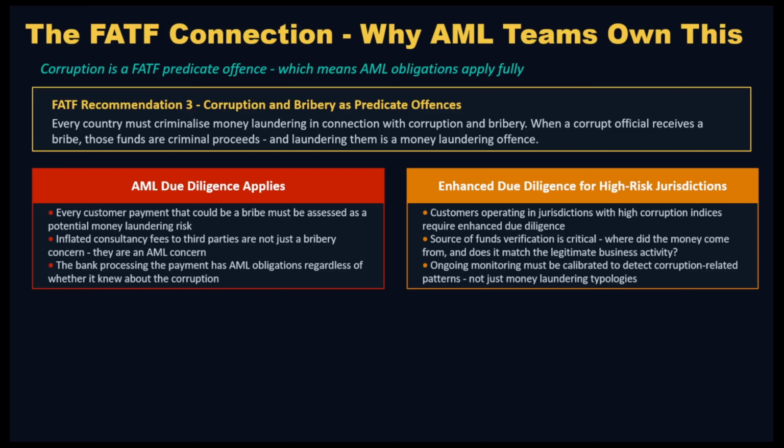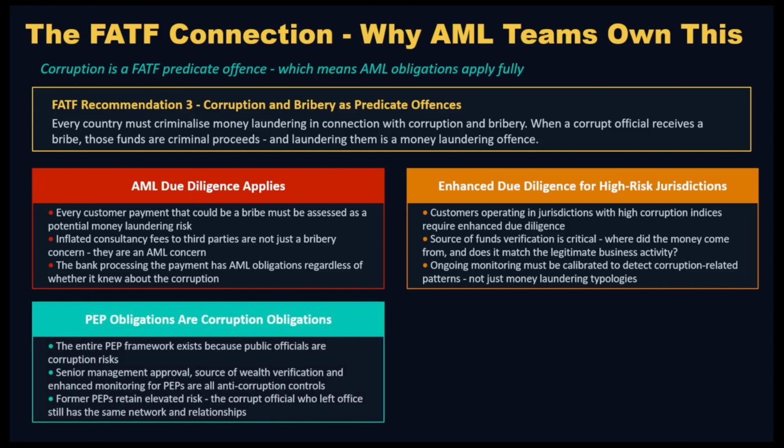Okay. The next thing, the entire PEP framework is an anti-corruption framework. That's why, as I said, in our account opening they sometimes ask these questions. Senior management approval is required, along with source of wealth verification and enhanced ongoing monitoring on PEP cases. These are not bureaucratic requirements.